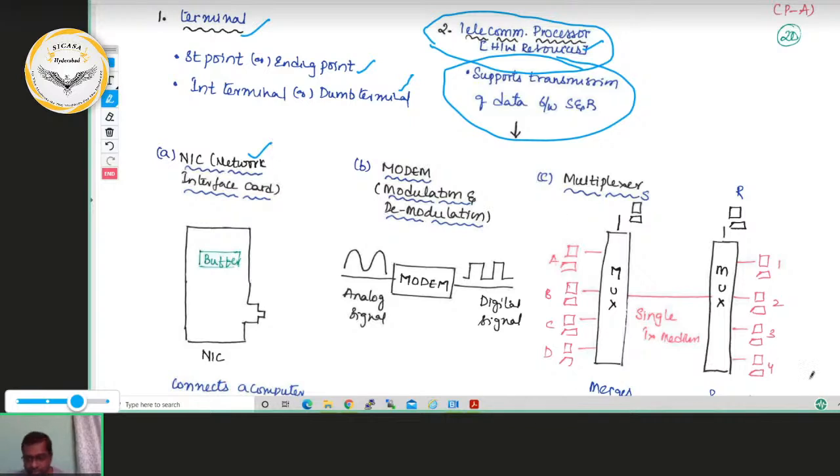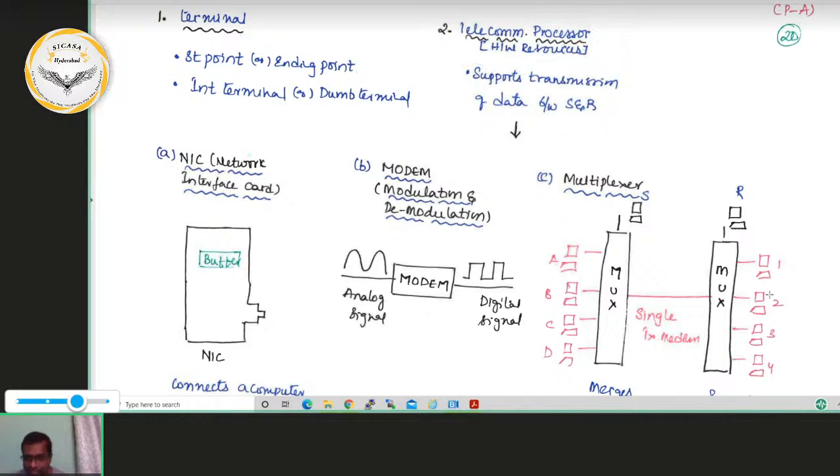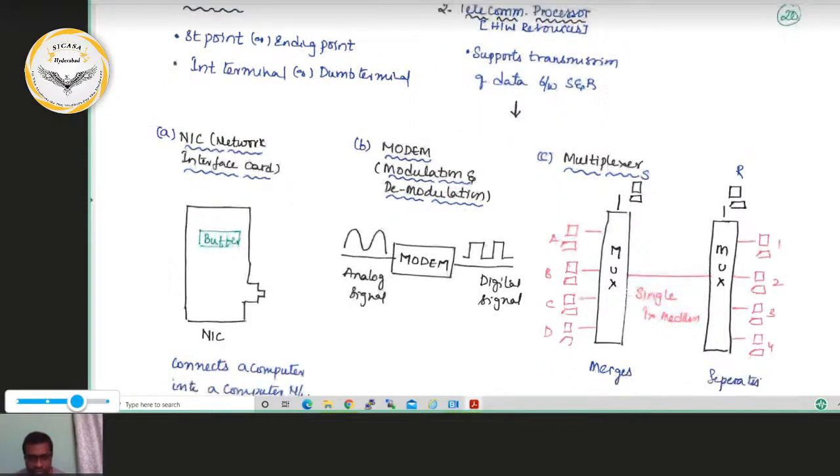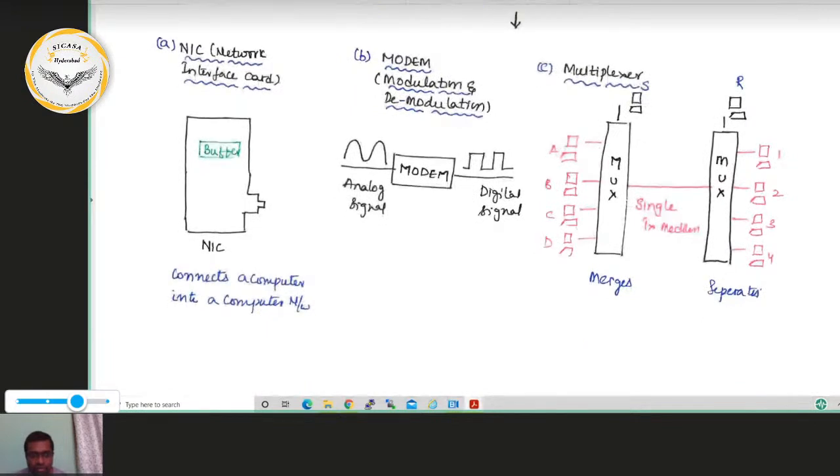Let us see the diagram. The first component is NIC. NIC is a place where you connect a computer to a computer network. It is simple, like where you connect your internet wire to a laptop.